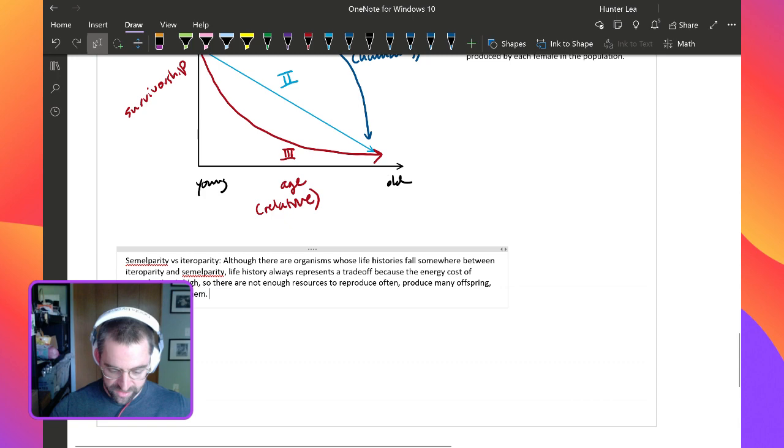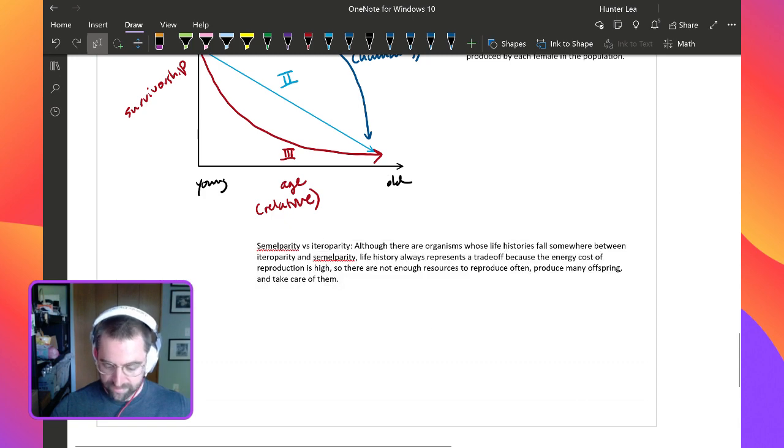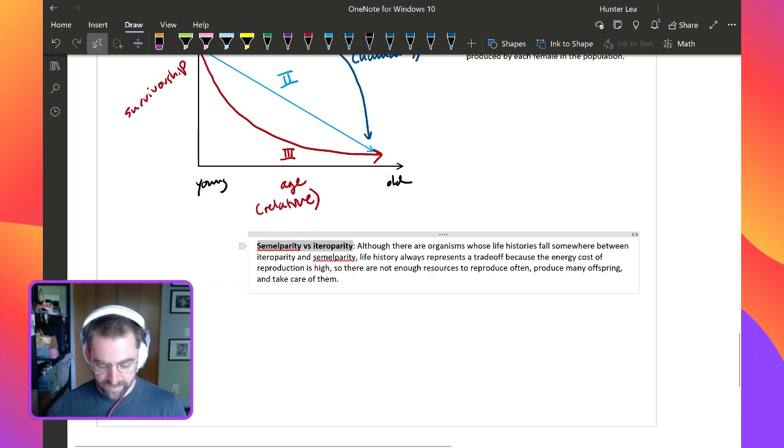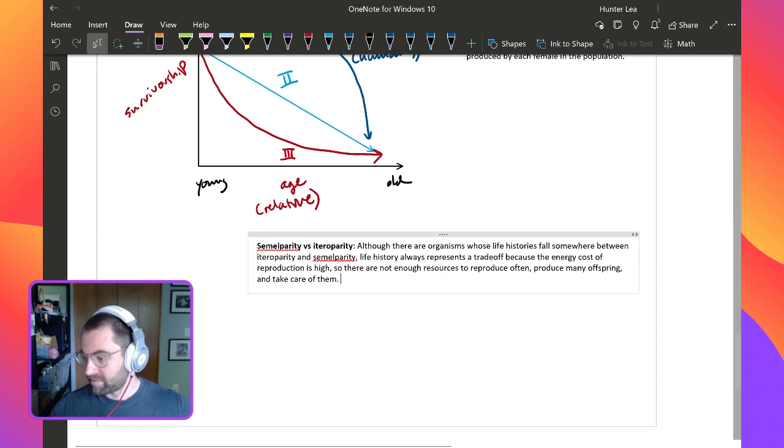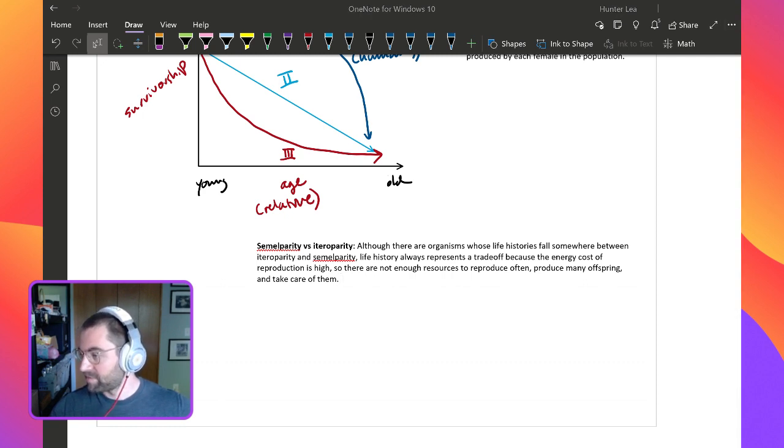Let me move this so that you can see it. There. I remember there being exam questions about this. And I actually remember it being open-ended. Aha.